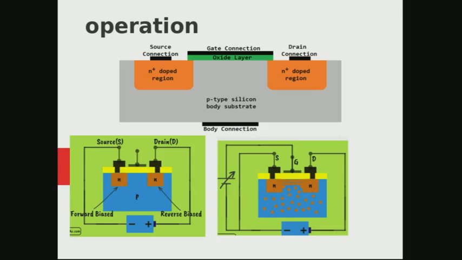The entire MOSFET is fabricated on this base. In this p-type semiconductor, there are two regions represented by n plus doped regions, which are highly doped with n-type impurity. So it is actually a p-type silicon body substrate with two n regions at two ends.